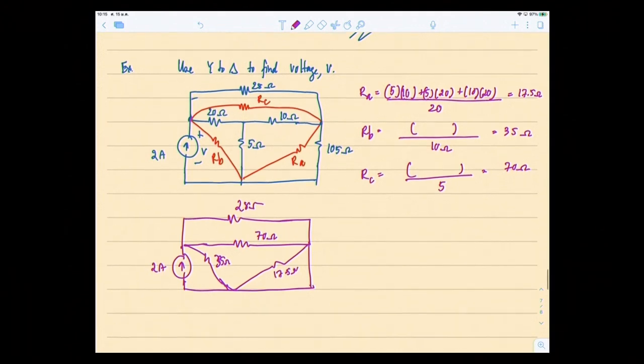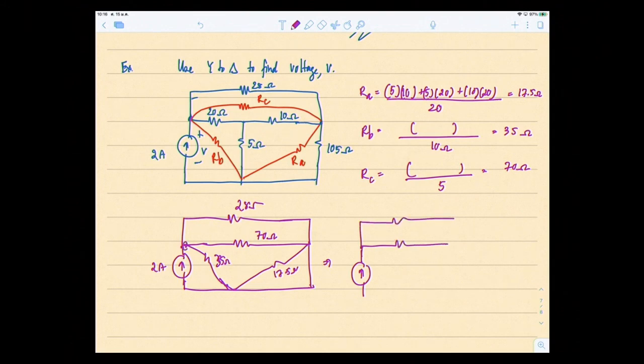It looks like this. Some of you may not like the slanted line connection, so you can redraw it with a straight line from this point and down here, so you can think of it like this.